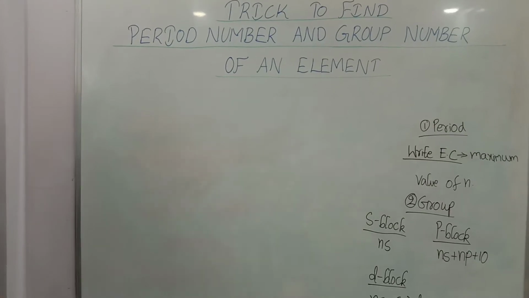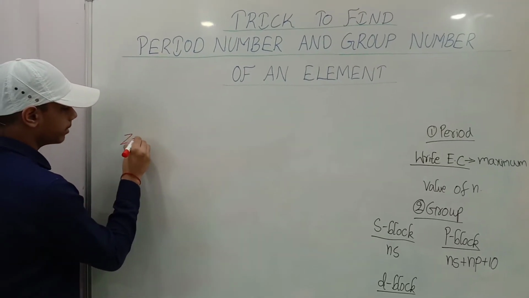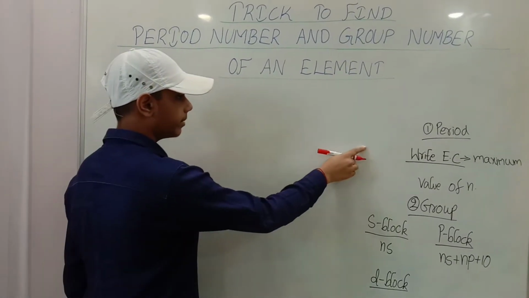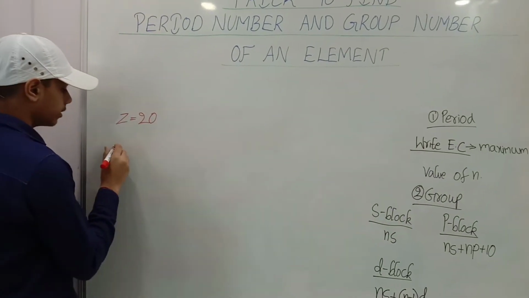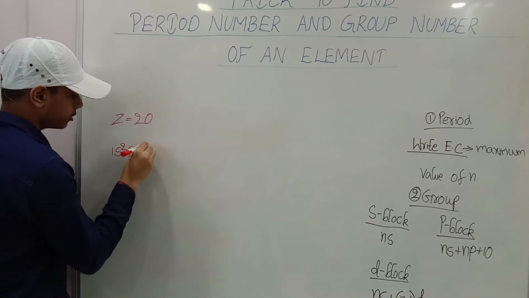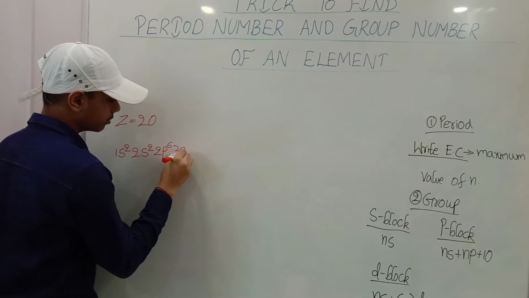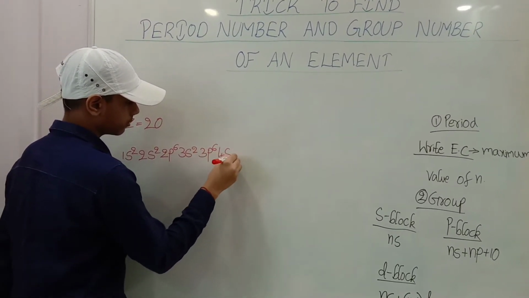The next example is to find the period number and group number of an element with atomic number 20. Now let's find the period number. To find the period number, we should write the electronic configuration. The electronic configuration is 1s2, 2s2, 2p6, 3s2, 3p6 and 4s2.